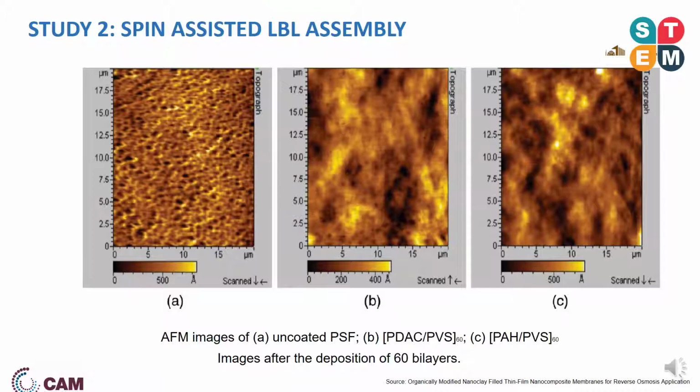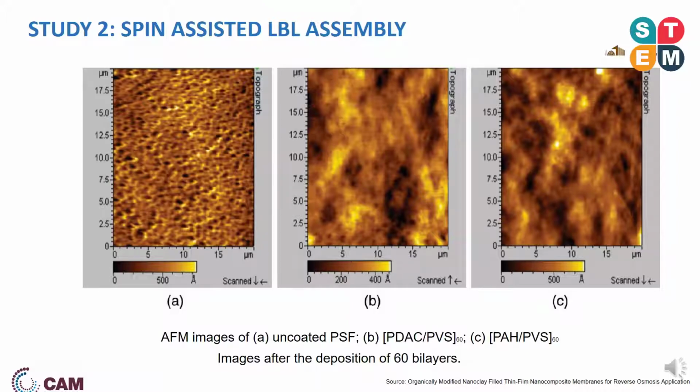Here are the AFM images of uncoated polysulfone, figure A, the strong polyelectrolyte combination, figure B, and the weak strong polyelectrolyte deposition, figure C. These images are obtained after the deposition of 60 bilayers.